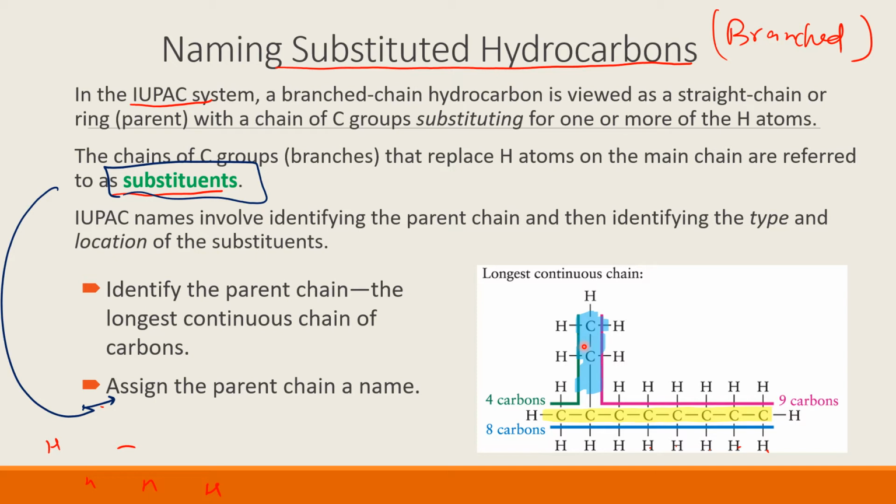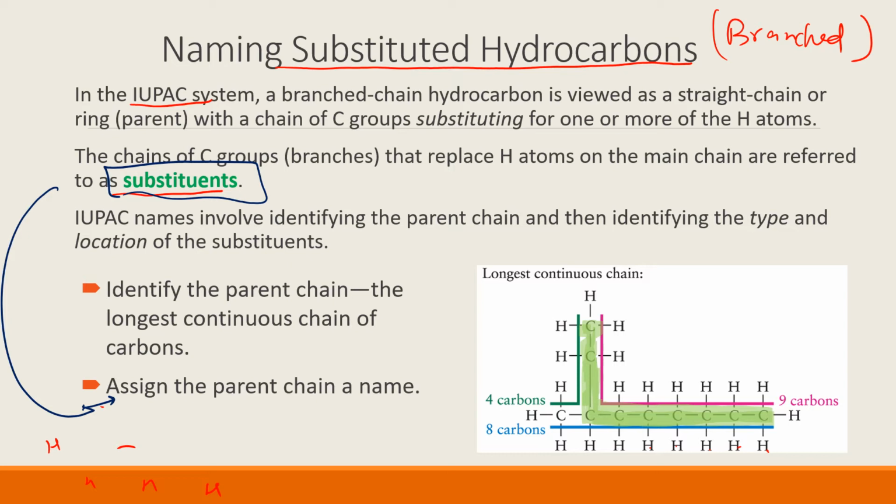There is another way in which we can have a continuous chain of more carbon, and that is if we start from the top and go all the way to the right side.